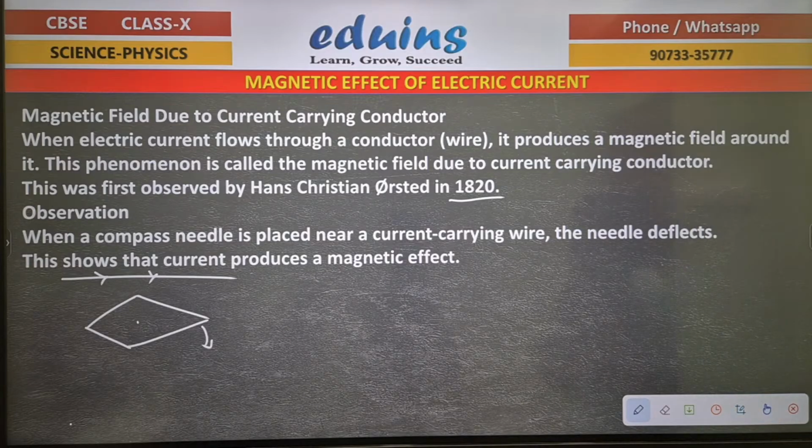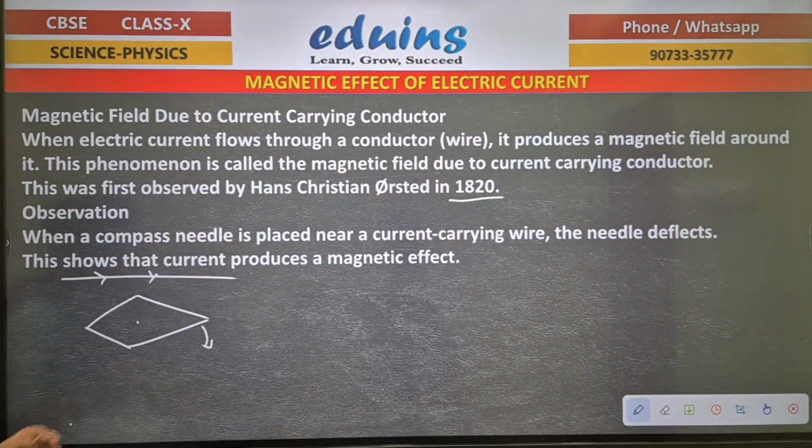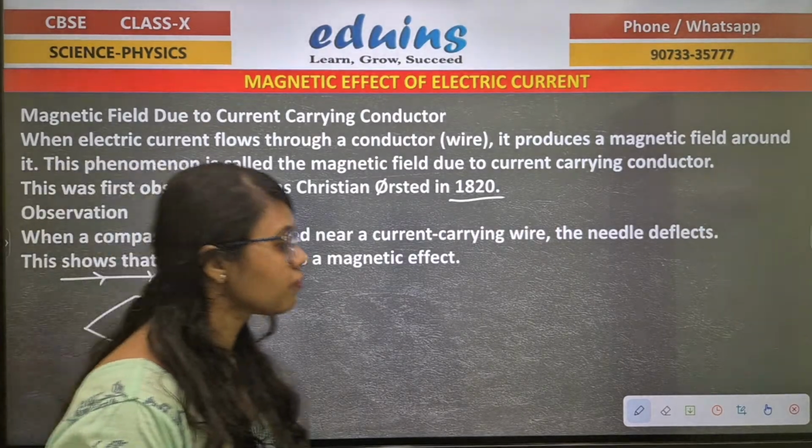That is how Hans Christian Ørsted discovered it. When a compass needle is placed near a current carrying wire, the needle deflects. This shows that current produces a magnetic field.